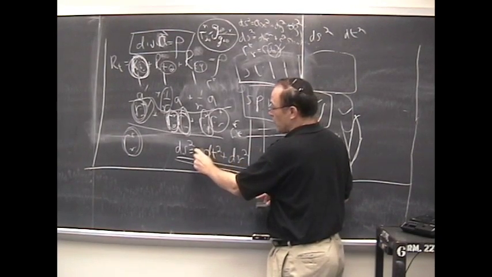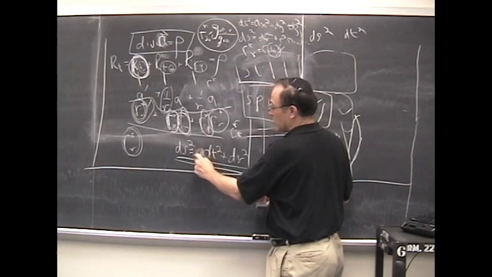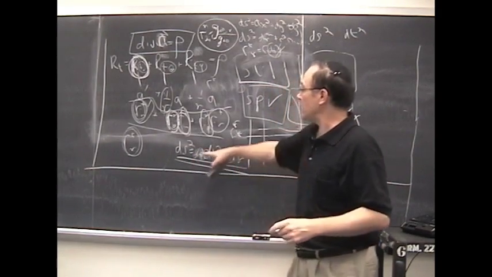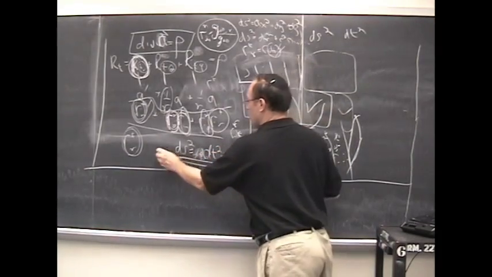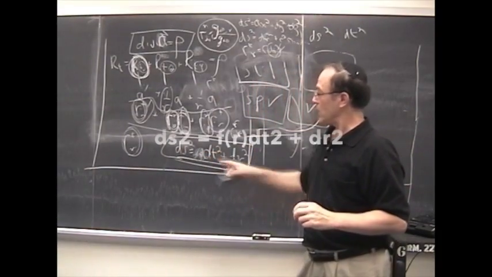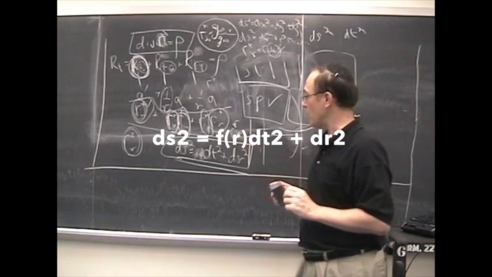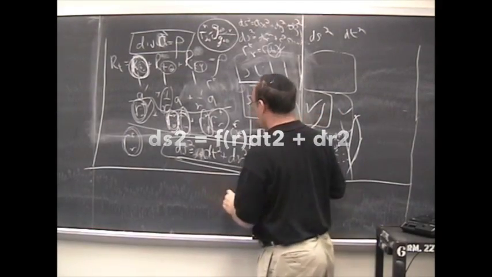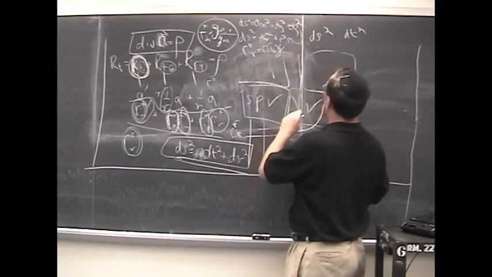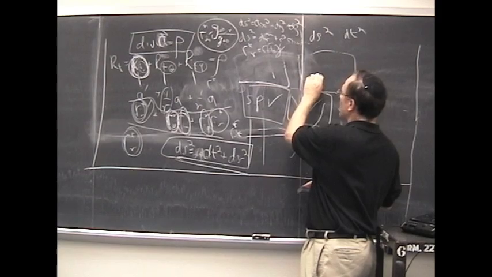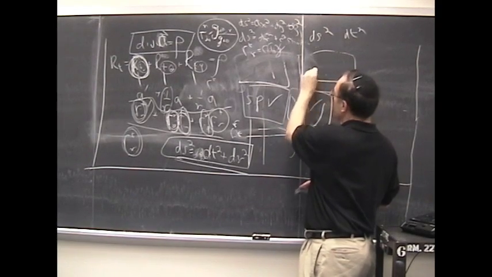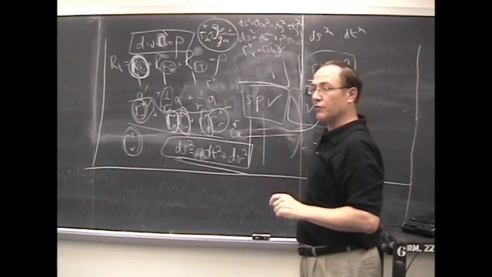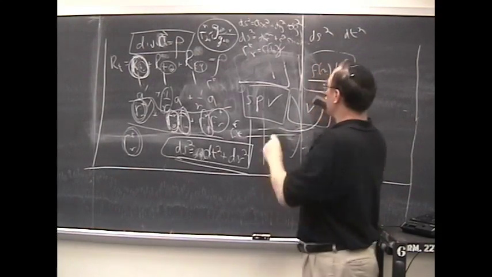All right? So this one clearly has to be a function of what? Of r, so that the derivative with respect to this guy will be non-zero. So already I'm saying, I now propose that I'll have a metric of space-time that looks something like this in a qualitative heuristic way. Now I have a metric of space-time, and it has this new piece in it, this strange thing, some function as the coefficient of dt squared.